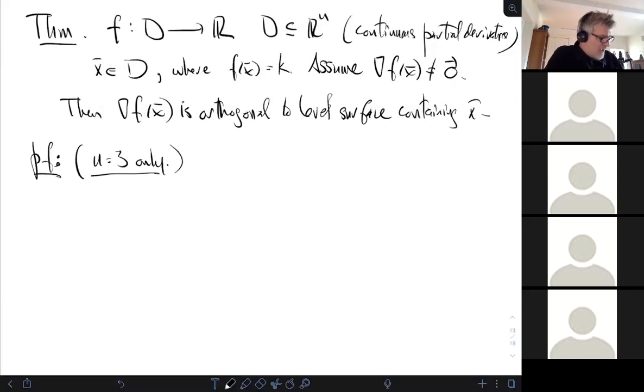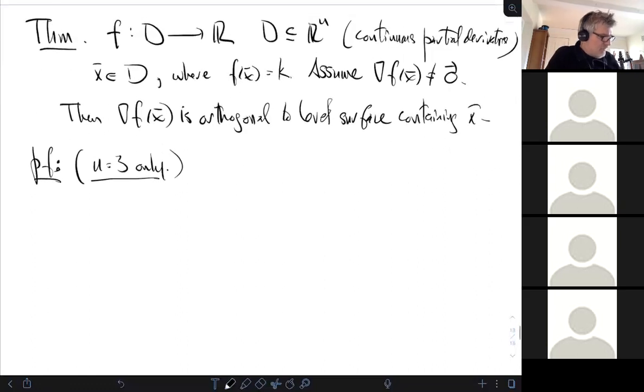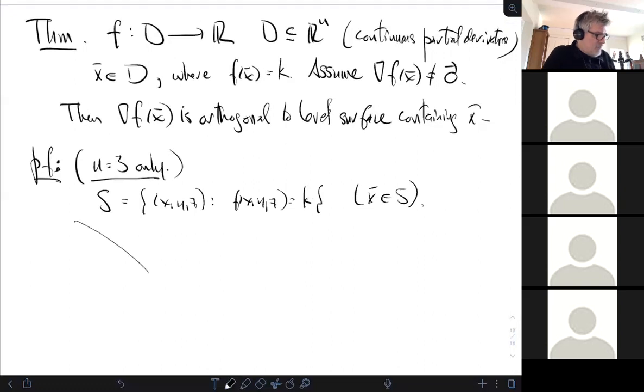Okay, so S, my level surface, is the set of all x, y, z such that f of x, y, z is equal to k. So that's the value of my function f at my interesting point, right? So x bar is in S. I'll just draw it like this.